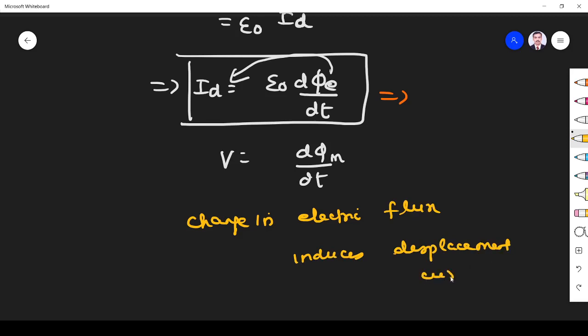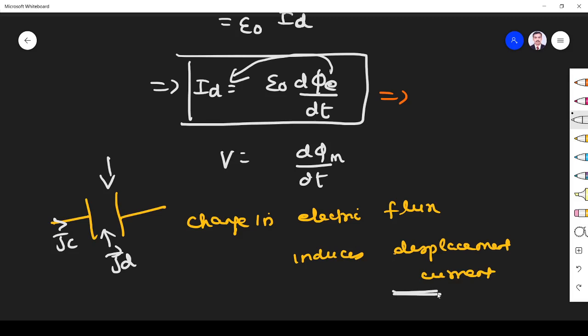So where does it come into the picture? It comes into the picture in the capacitor. That is what you see in between the capacitor. We know it's free space. Here it is JC, in the conductor; in the dielectric, here it is JD. It is nothing but free space. Nothing is there. In free space, the current is a displacement current.